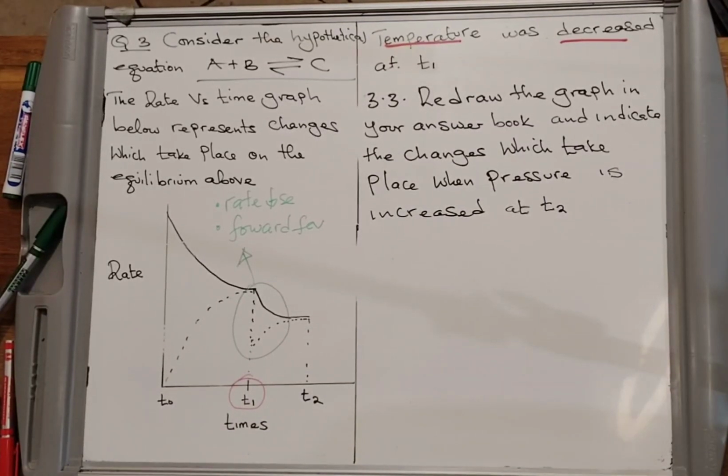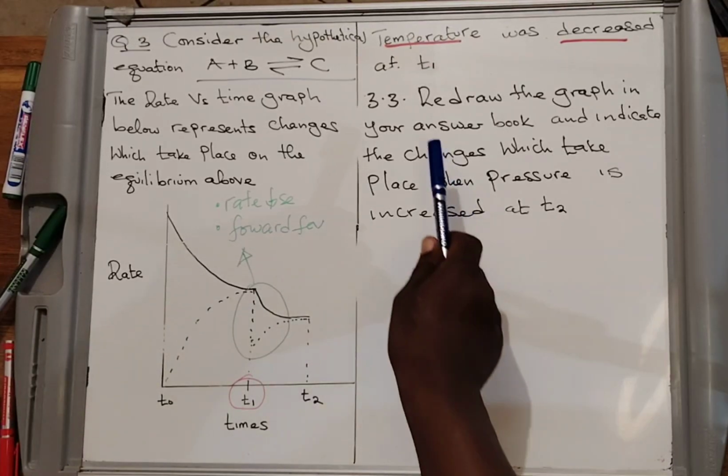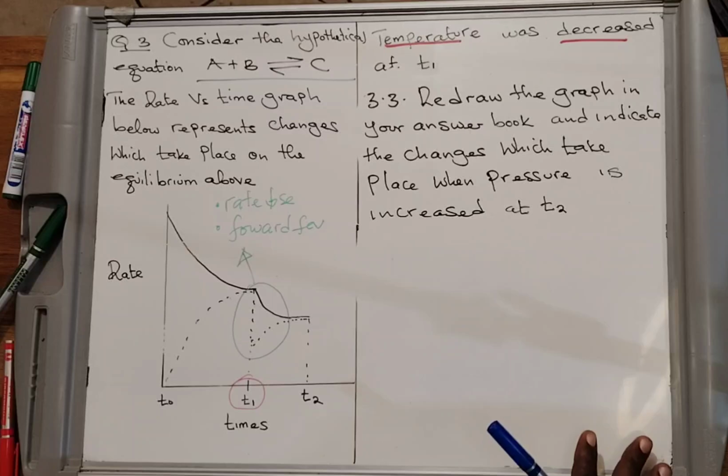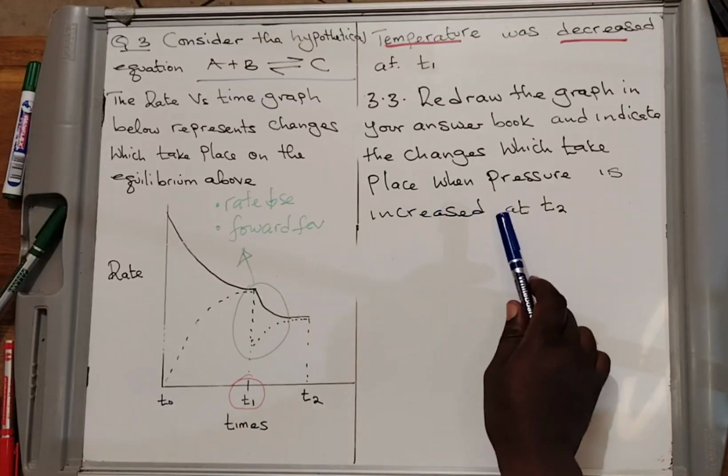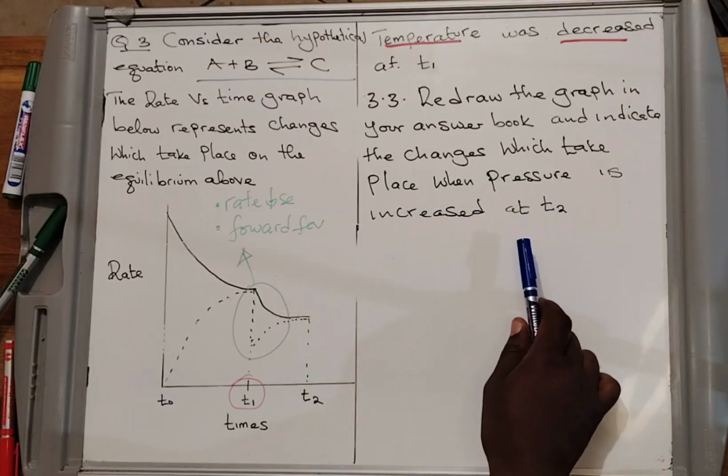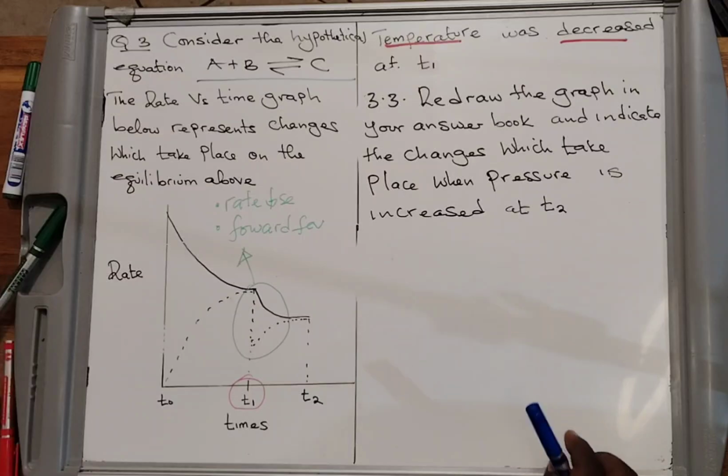Okay, let's see what comes next. Then comes this question. The question says, redraw the graph in your answer book and indicate the changes which take place when the pressure is increased at T2.